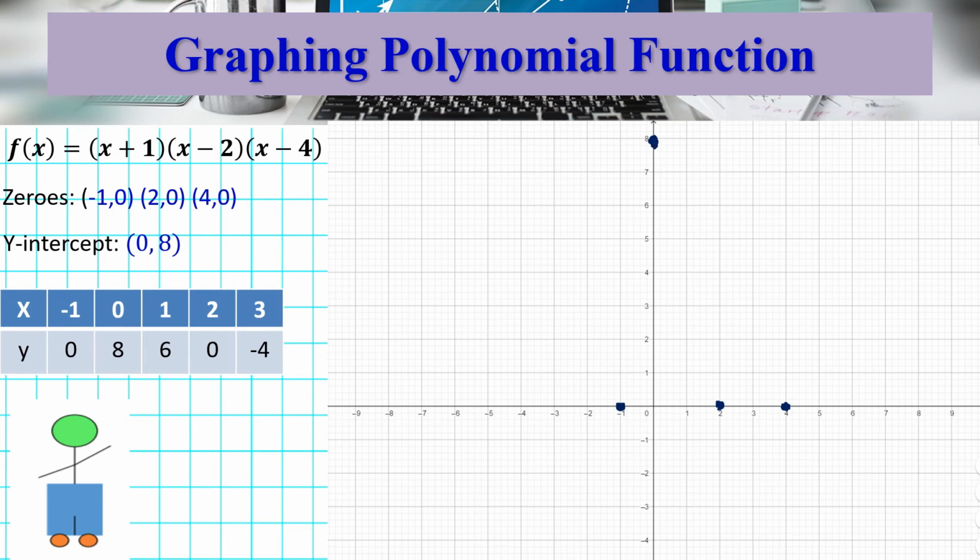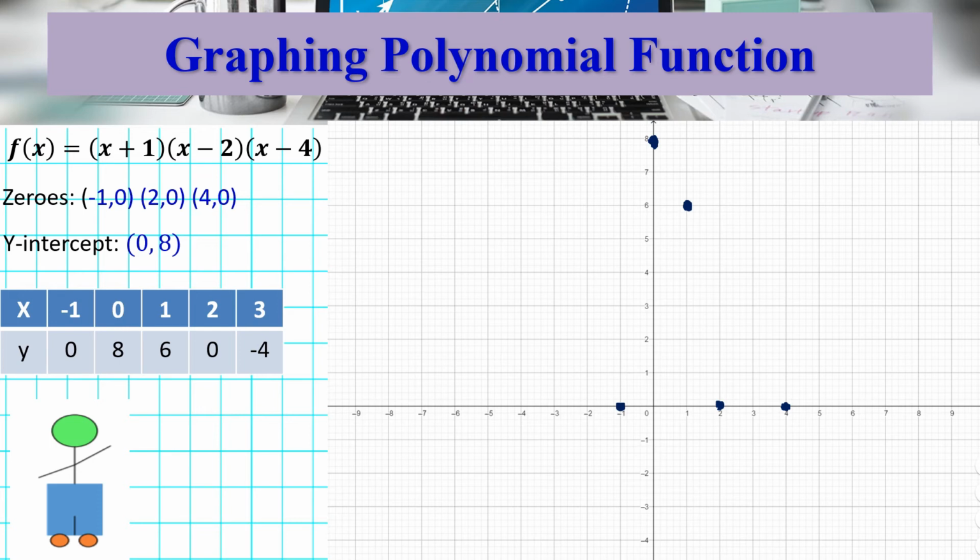Then next, ang next na ipa-plot is yung mga point na nasa table of values. Yung (-1, 0) na-plot na natin. Same with (0, 8). Yung (1, 6) na lang. So, 1 yung x and y is 6. Yan, plot natin siya dyan. So, that is another point.